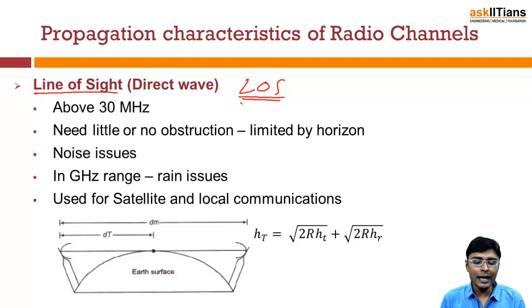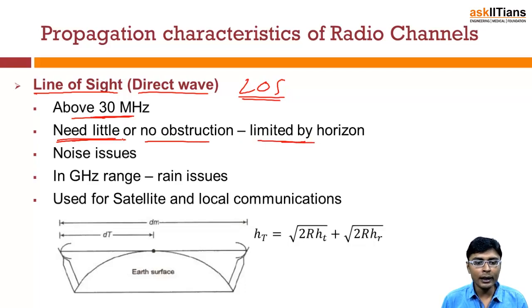The frequency range is above about 30 megahertz, where the waves follow a direct path. There is a need for little or no obstruction, and it is limited by the horizon.